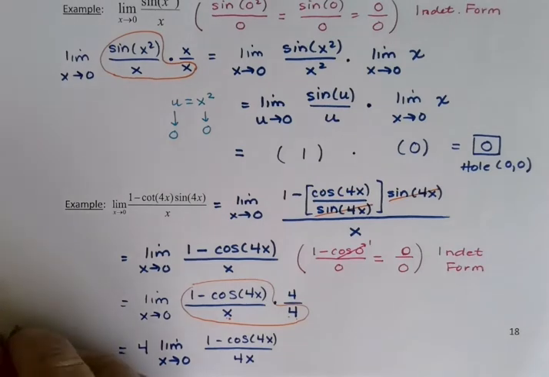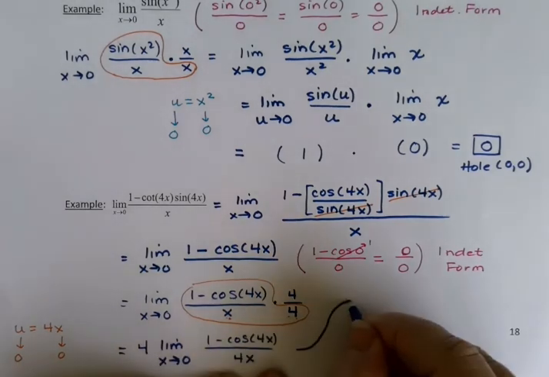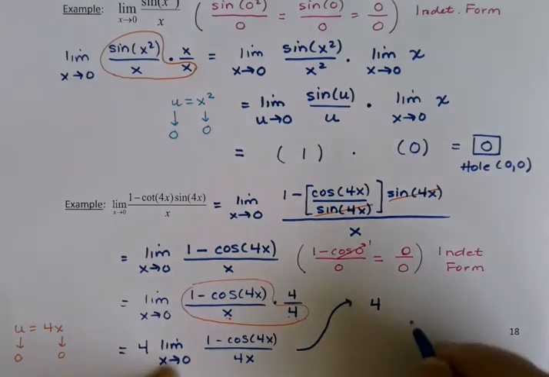The argument and the denominator match perfectly. We'll just make a quick little u equals 4x. And since x is approaching 0, that means u will also approach 0. And sorry, I'm running out of space here. Let's see if I can squeeze this in over here. I've still got that 4 out in front.